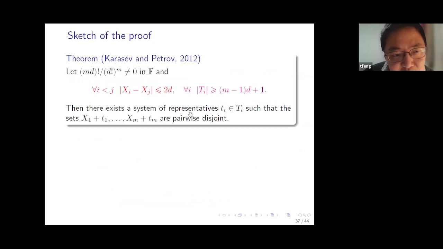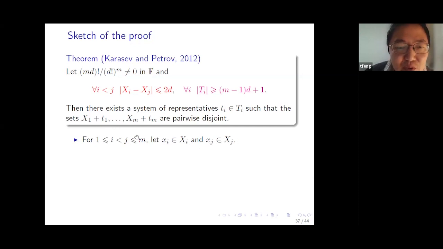Anyway, I can give a quick look at their proof. Their proof uses Alon's Combinatorial Nullstellensatz. The proof is very short. First, we take small xi in capital Xi, small xj in capital Xj. We hope to find translations T1, T2, ..., Tm such that after the translation they are pairwise disjoint.